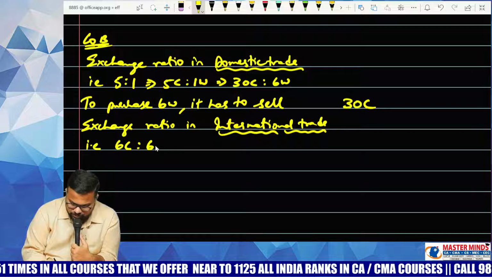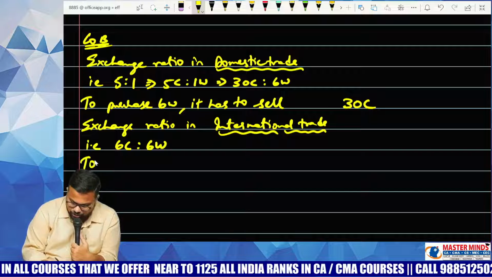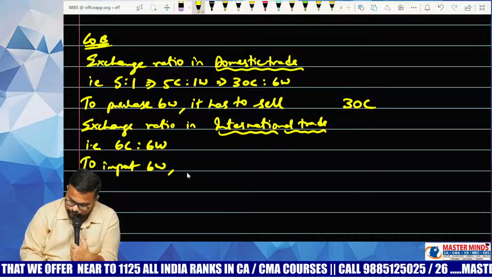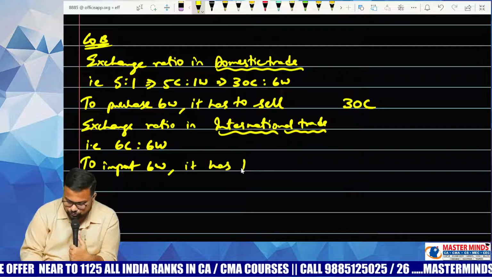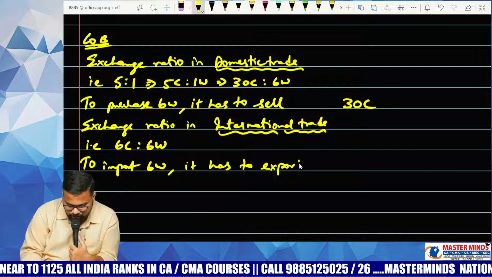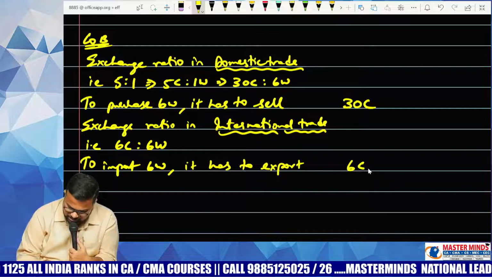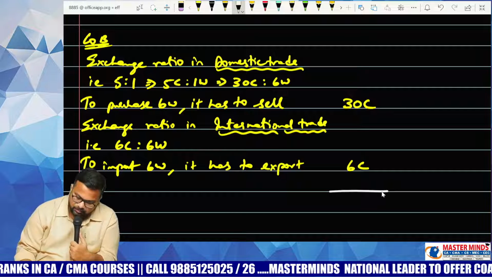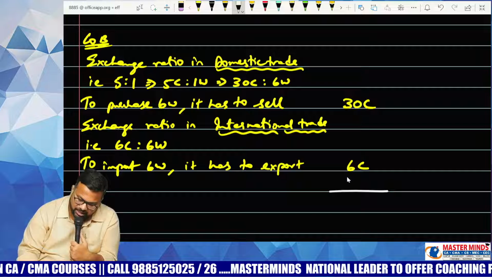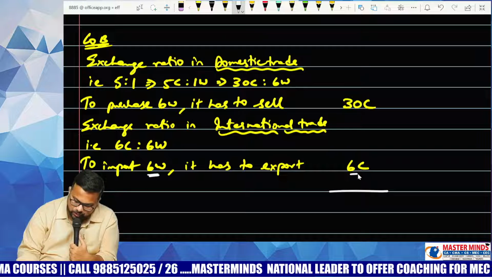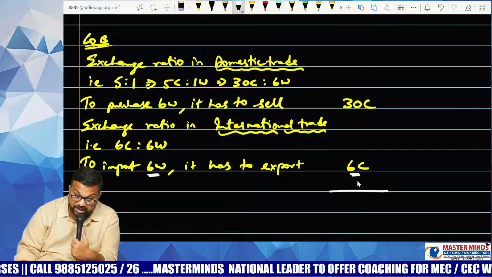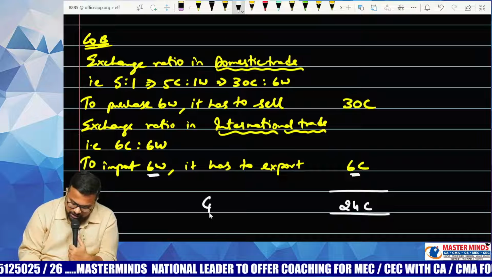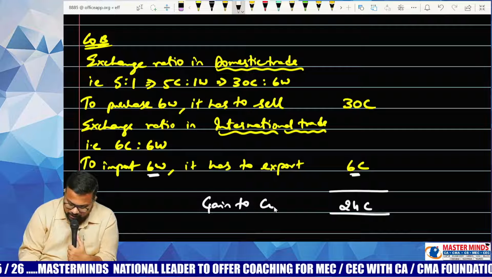That is, to import 6W, country B has to export 6C. Now you can clearly see that by participating in international trade, country B is getting 6W just by exporting or selling 6C, but in internal trade, it has to sell 30C. So the difference, 24C, is the gain to country B.